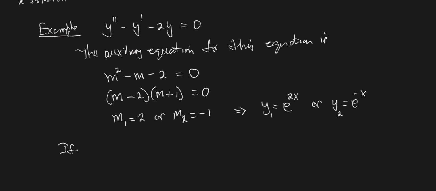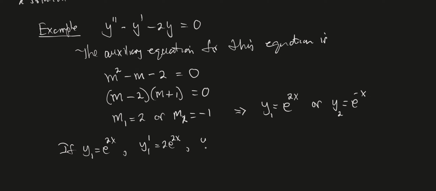If y1 is e to the 2x, then let's take the first derivative. y1 prime is 2e to the 2x, and y1 double prime is 4e to the 2x. Let's plug those in and see, do we actually get 0?